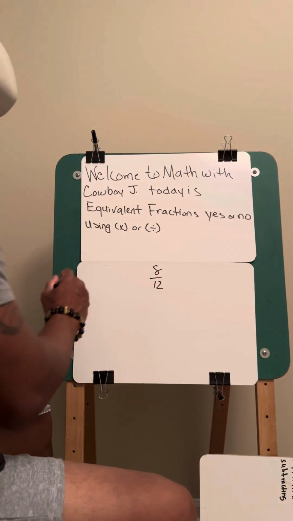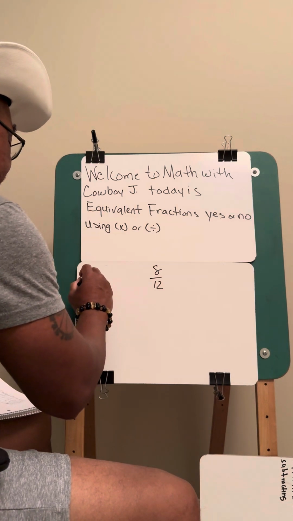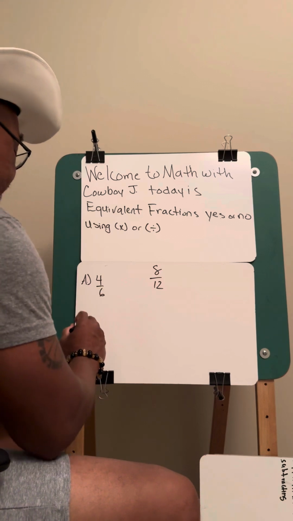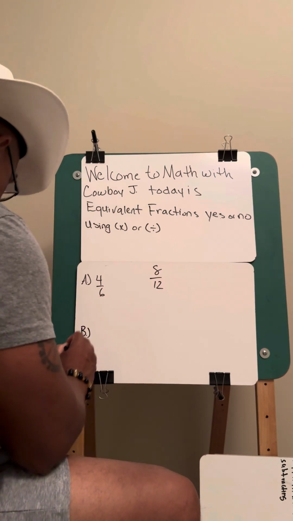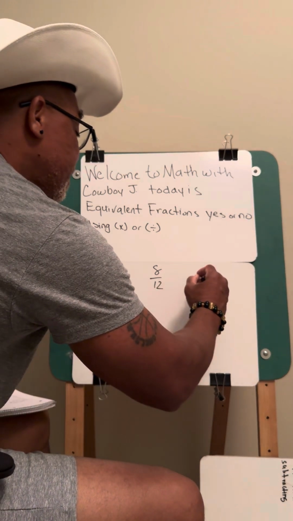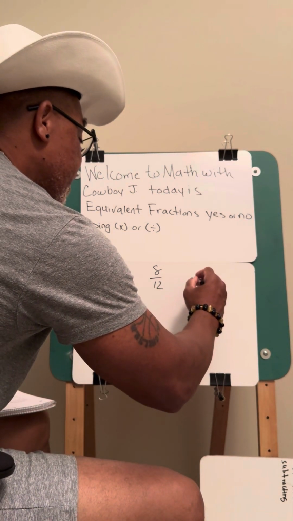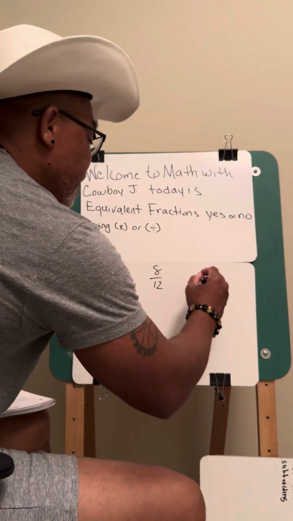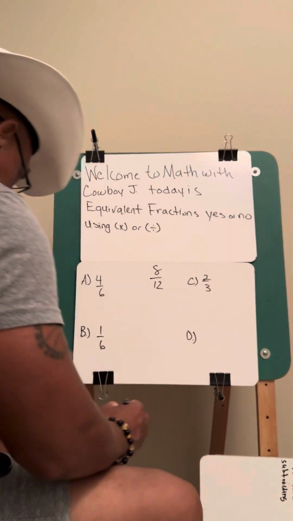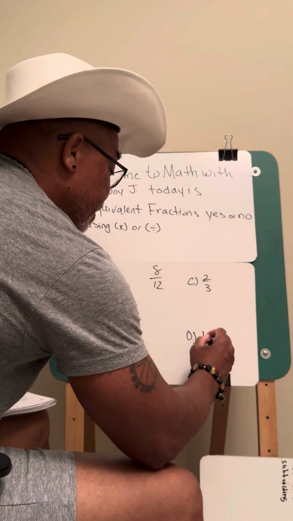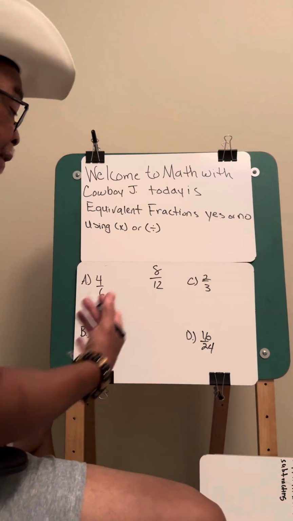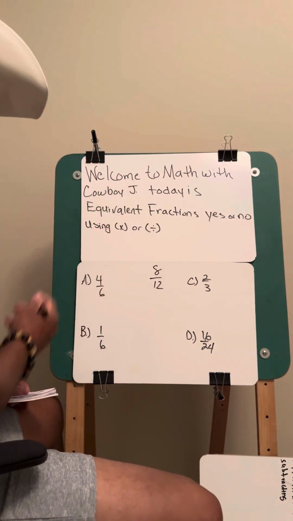And our choices to find out, is it A, 4/6, B, 1/6, C, 2/3, D, 16/24. So all I do, if I don't know, I gotta go through and do my steps.